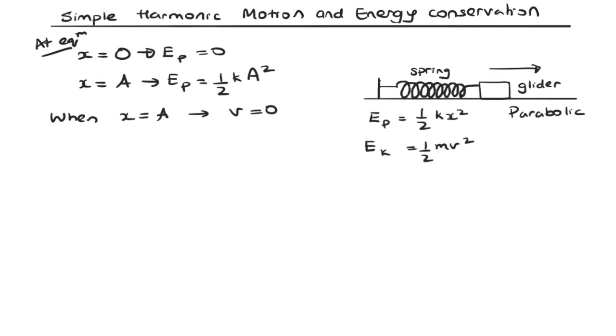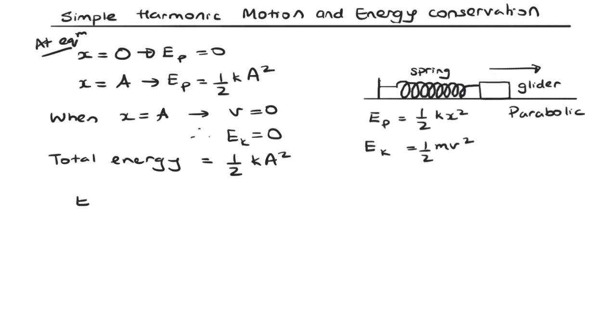That means that it has no kinetic energy, Ek will also be 0, and so the total energy of the system is going to be equal to half kA squared. That's the total energy of the oscillator, and the kinetic energy of the glider at any instant must therefore be the difference between the total and the potential.